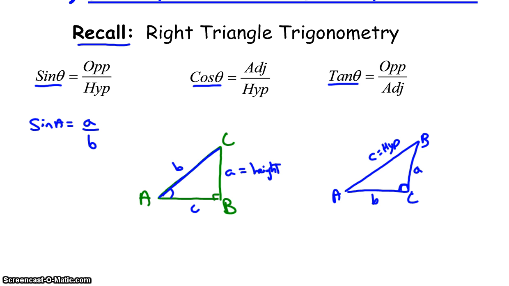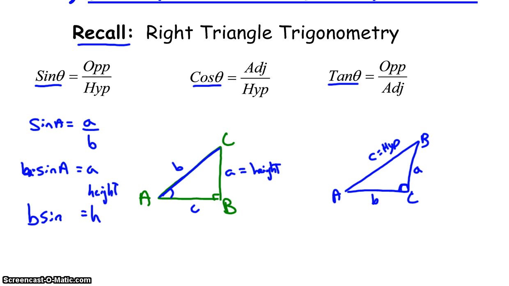So if I want to solve for that height, the height of the triangle is really b times sine A equals a. So this is the height, and sometimes we'll designate that with an h.